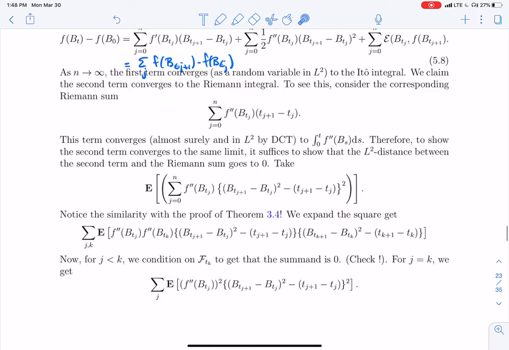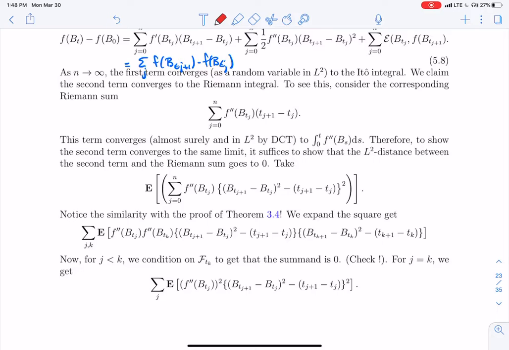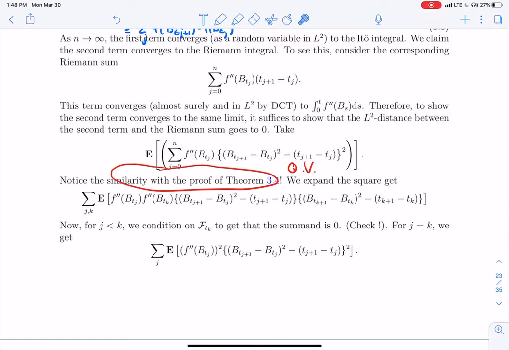And now the whole point is to realize that this calculation is very close to the calculation of the quadratic variation. Go back to it. So you want to show that this goes to 0 in L2, so there's a 2 missing here. I want to show that the L2 norm of this goes to 0.